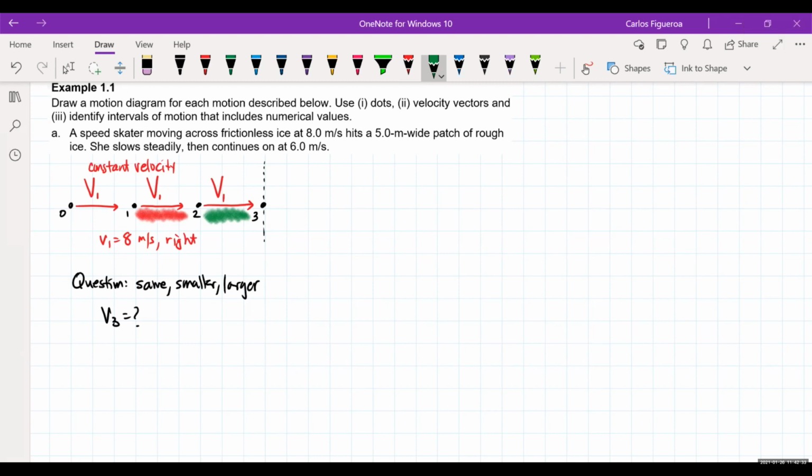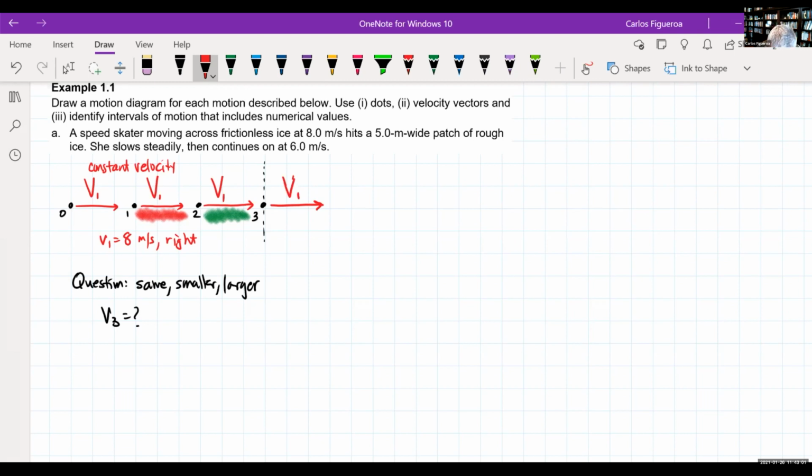So the speed at point 3 is exactly the same as the speed at point 2. So when I look at this guy, that speed does not change. You have to travel a distance into the rough ice to change your speed.